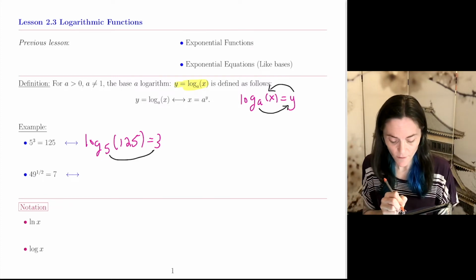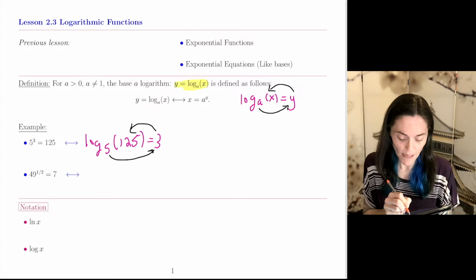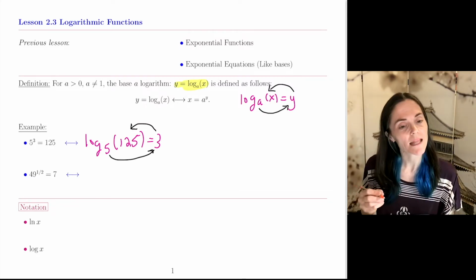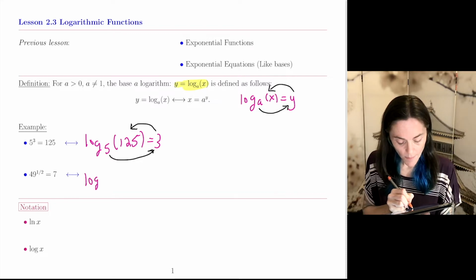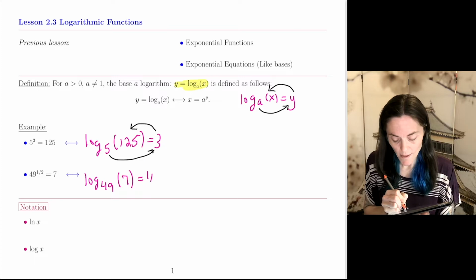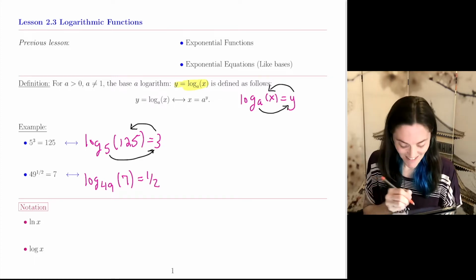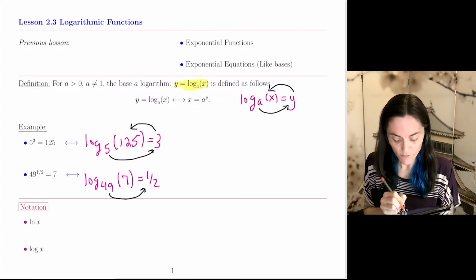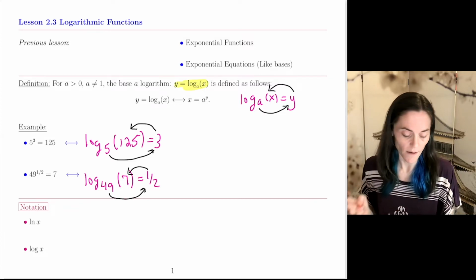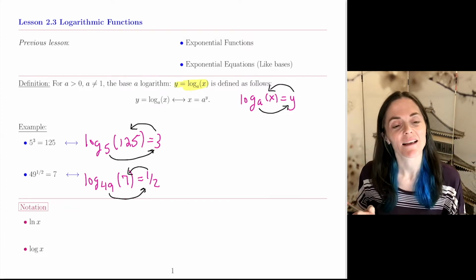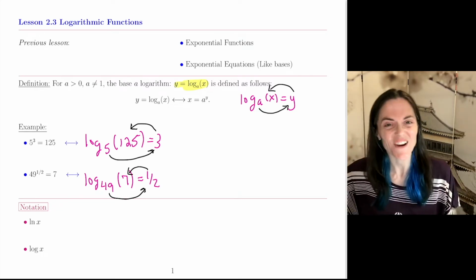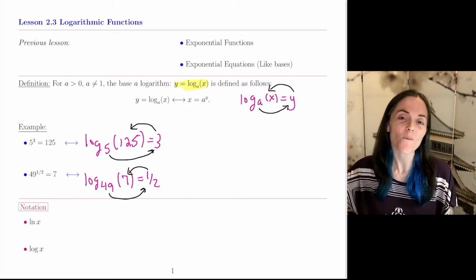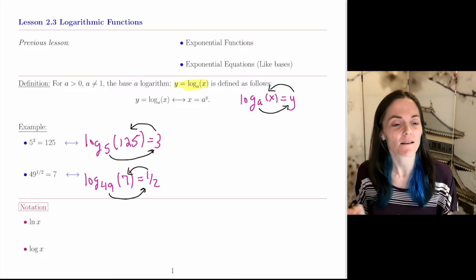This says 5 raised to the power of 3 equals 125. Now the next one, you see it says the log base 49 of 7 equals 1/2. Because once again, 49 raised to the 1/2 equals 7. They are saying the exact same thing. One is phrased in terms of logarithms and one is phrased in terms of exponents.